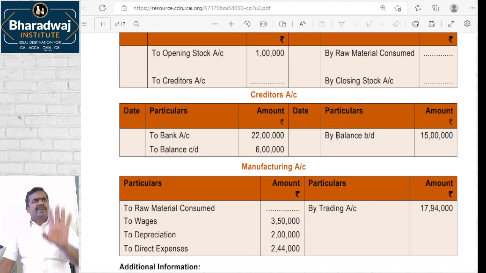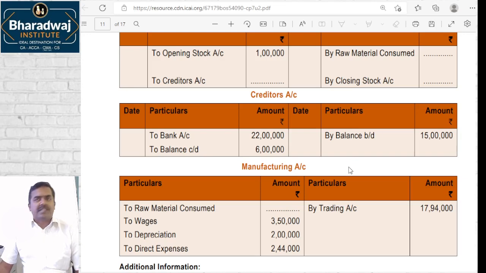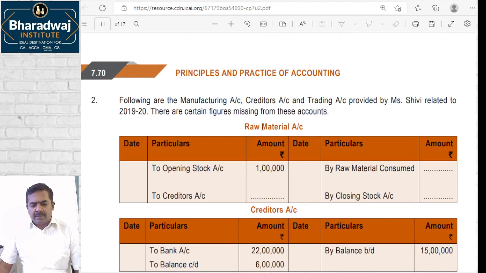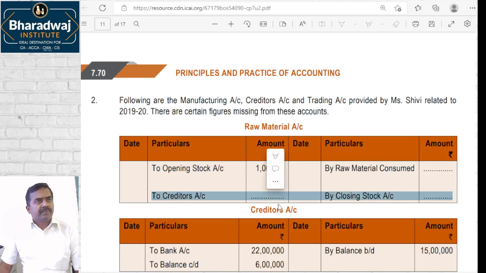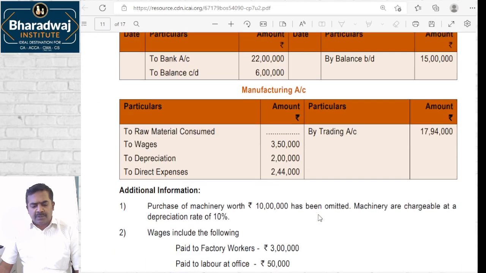Okay, nothing but a normal creditors account. By balance brought down 15 lakhs, to bank 22 lakhs paid, closing balance 6 lakhs. When we tally, the missing figure 13 lakhs will be nothing but purchases. So purchases known, raw material opening stock known. Purchases how much? 13 lakhs. Then raw material consumed and closing stock we have to work out.